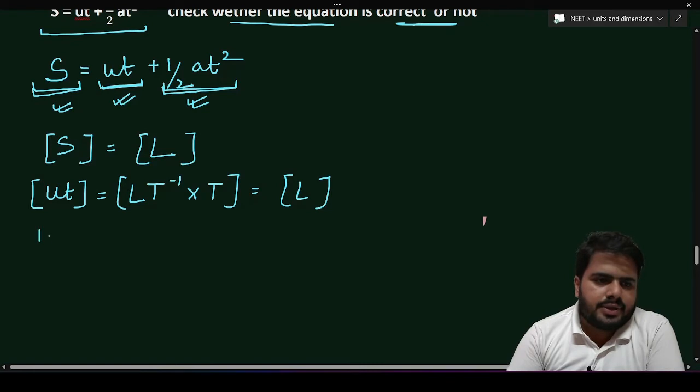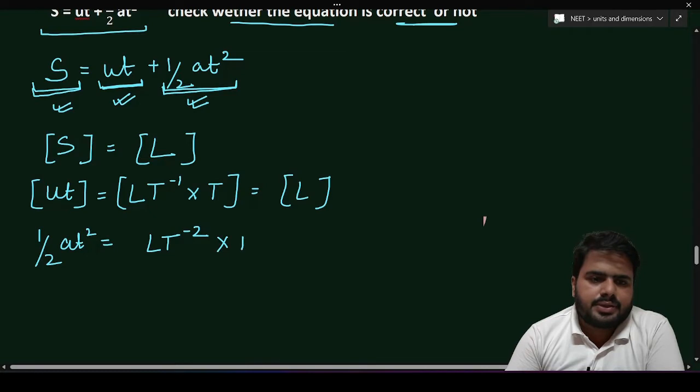Now half at square, half is simply a number, a is the acceleration having the dimension of lt minus 2 into t square, the time square. So again the dimension is coming l.